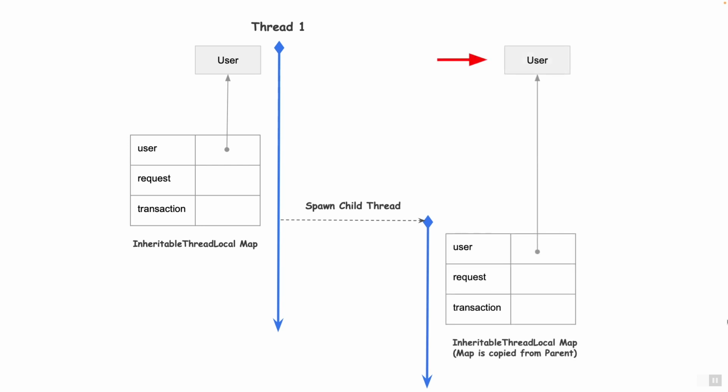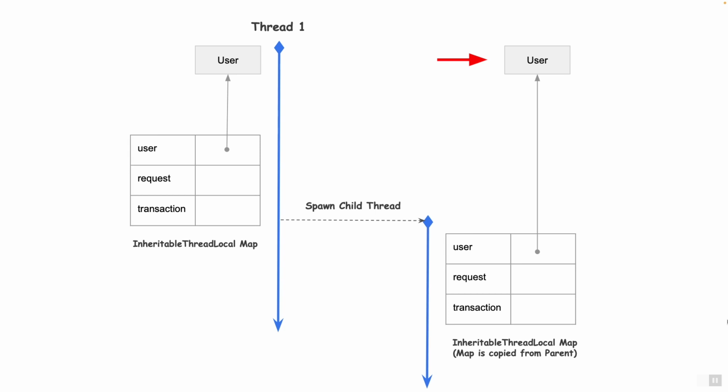So what we see now is that the user variable of child is pointing to a brand new Java object and not the same object of the parent. This is the result of our defining the child value method while creating the inheritable thread local variable.